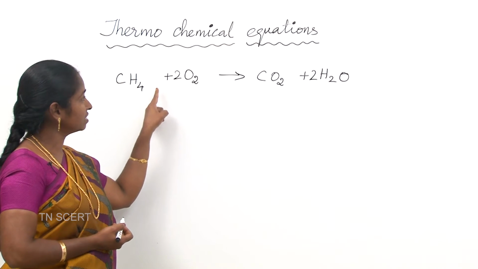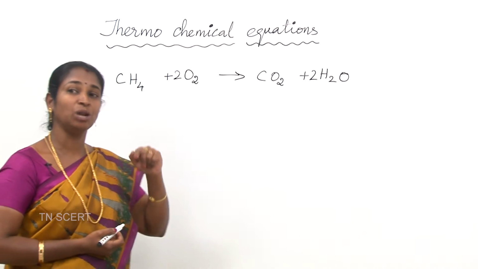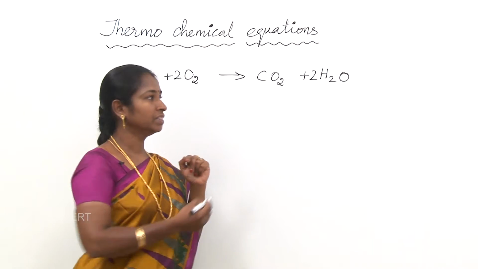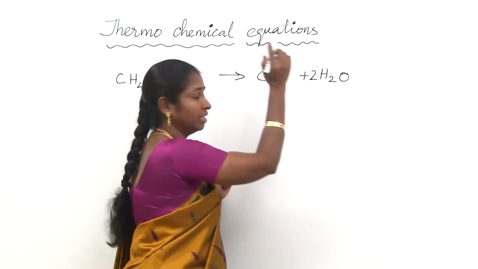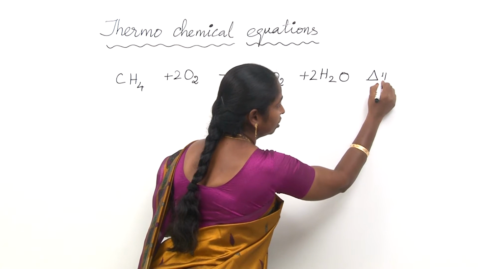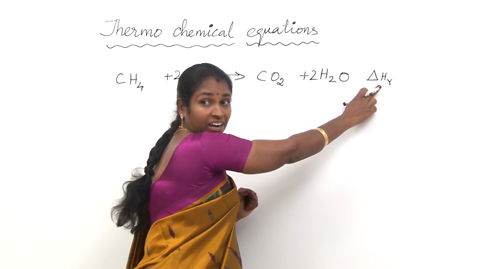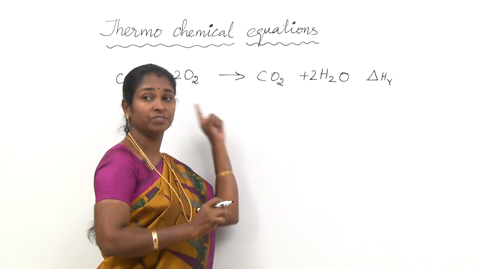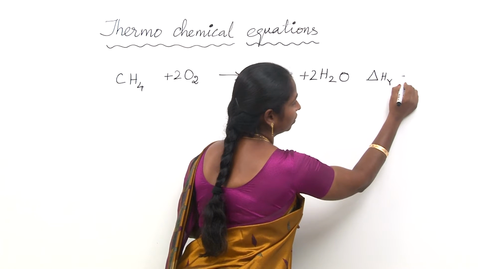If the balanced or stoichiometric equation includes the enthalpy change also, this equation is called a thermochemical equation. So, if the equation includes the enthalpy change of a reaction, delta HR, the enthalpy change of this reaction, it is called a thermochemical equation.